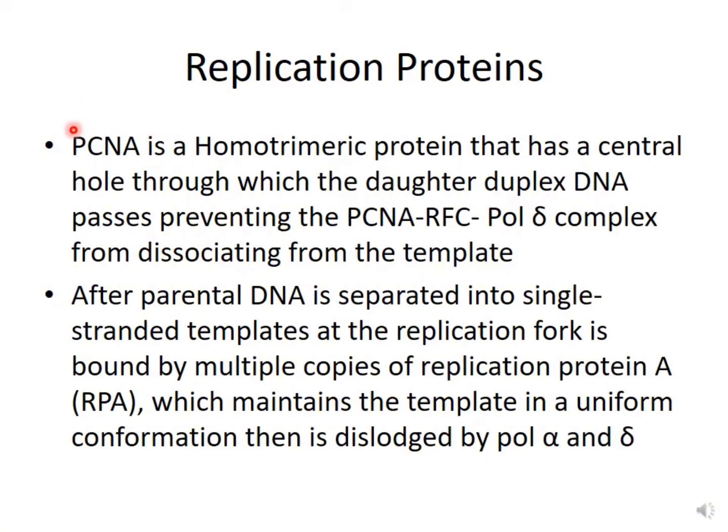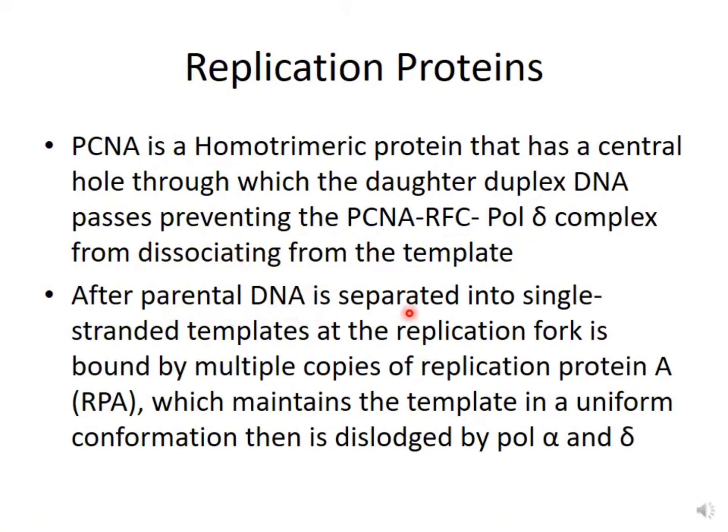As I mentioned, PCNA is a homotrimeric protein, so it has 3 subunits that are all alike, hence the word homotrimeric. It has a central hole through which the daughter duplex DNA passes. This prevents the complex from dissociating from the template.